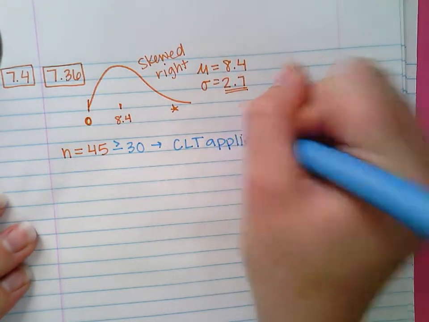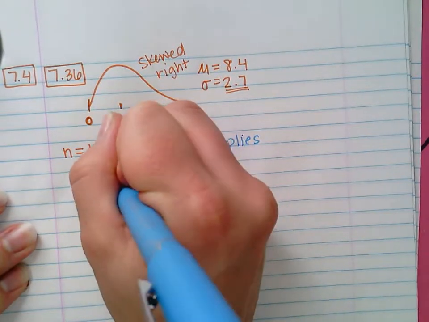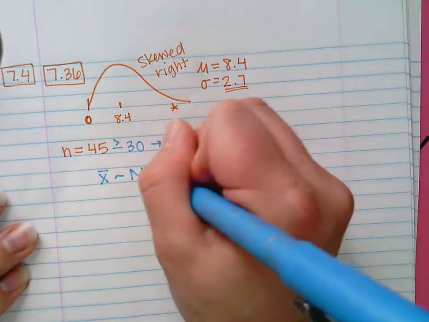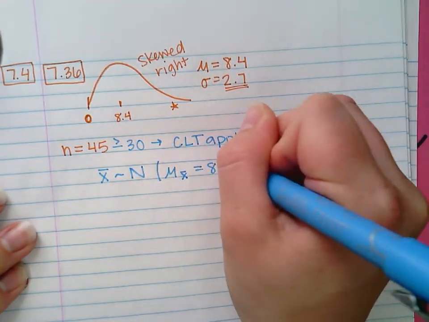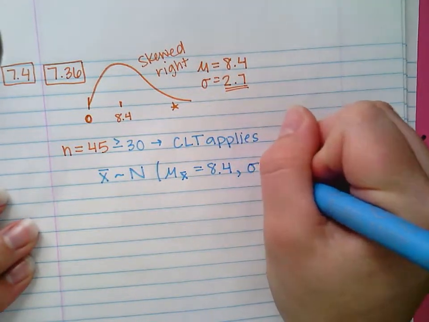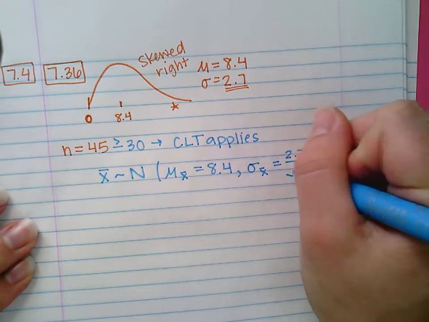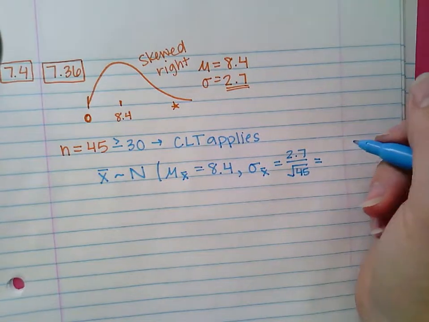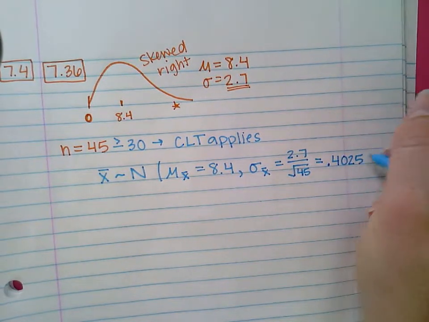And since the central limit theorem applies, I know that the distribution of sample means is approximately normal. The mean of that sampling distribution is centered at the exact same mean, and the standard deviation is 2.7 divided by the square root of n. And in this problem, it ends up being 0.4025.